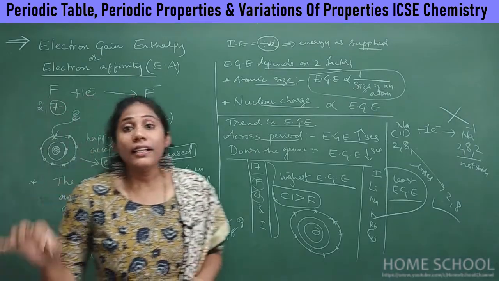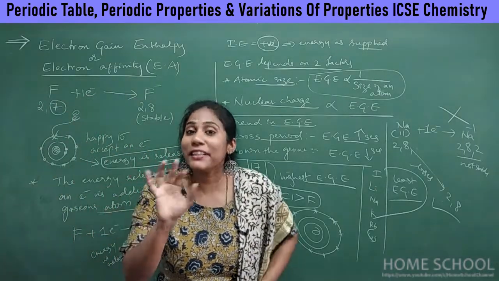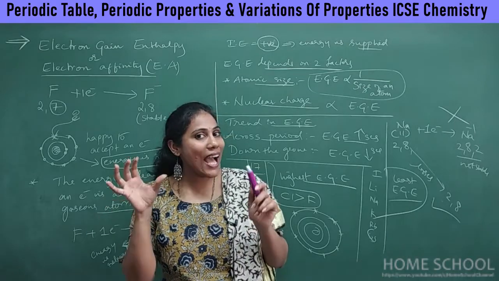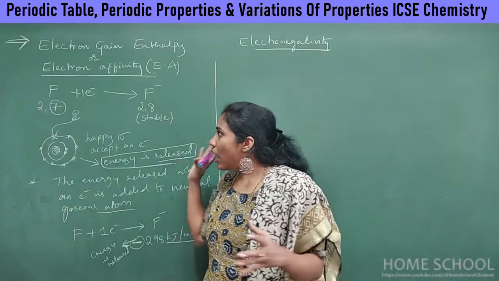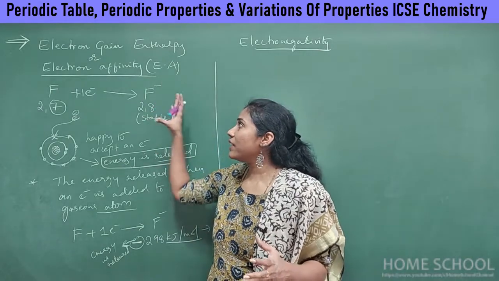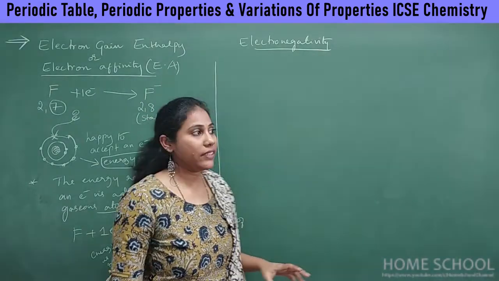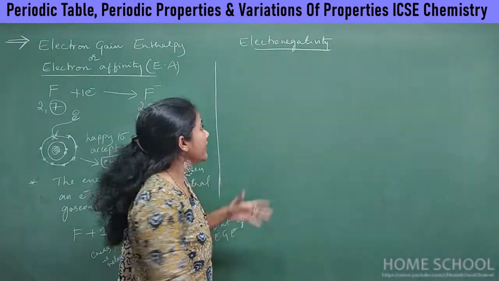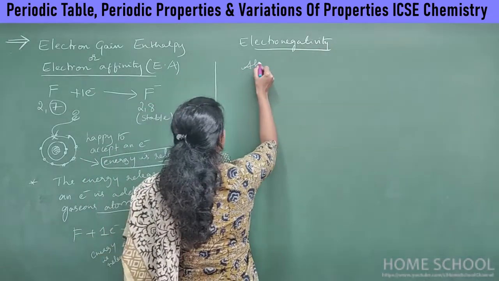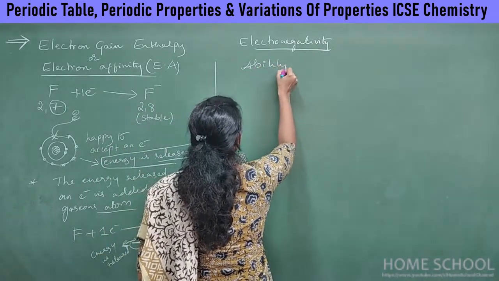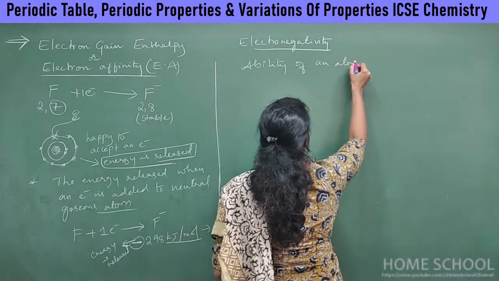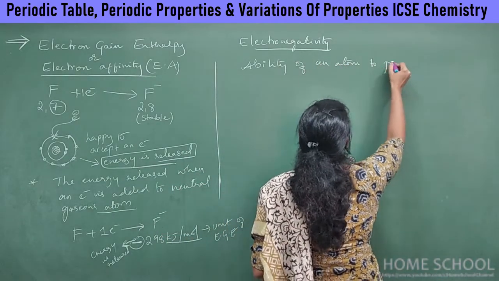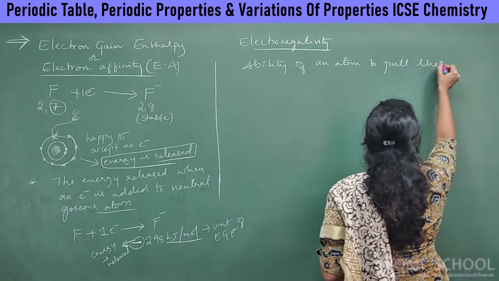And now let me talk about electronegativity, which is the last property that you are studying in this chapter. See guys, there is a lot of difference between electron gain enthalpy and electronegativity. Electronegativity means it is the ability of an atom to pull the electron pair.